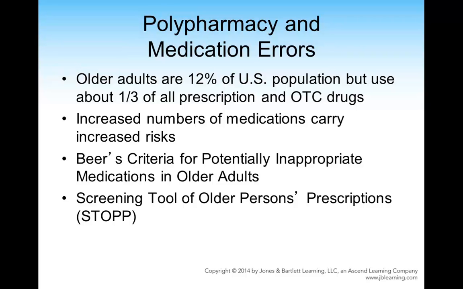So you really have to understand the screening tool of older persons' potentially inappropriate prescriptions, and have a really good understanding of that, because our elderly population may be seeing multiple providers for different issues, and we, as their nurse or case manager or intake or transitional nurse, really need to stay on top of who's prescribing what and recommending what can be stopped.